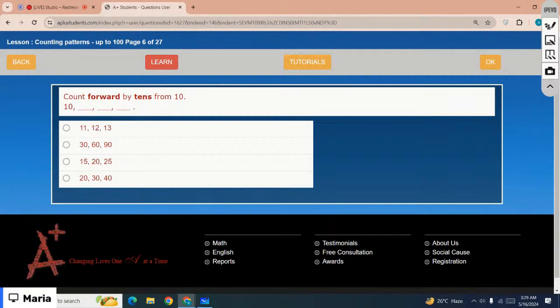So which is the correct option? The correct option is 20, 30, and 40. Option number 4 is the correct option.